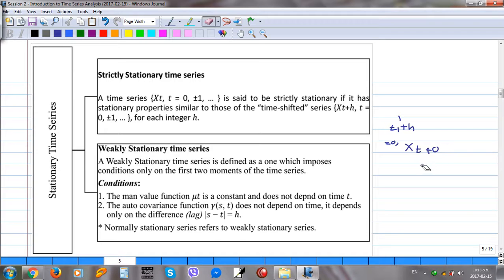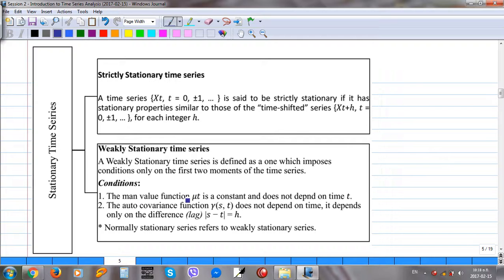But we are normally dealing with weakly stationary time series. A weakly stationary time series is defined as one which imposes conditions only on the first two moments of the time series. If it is a weakly stationary time series, it holds these two conditions.